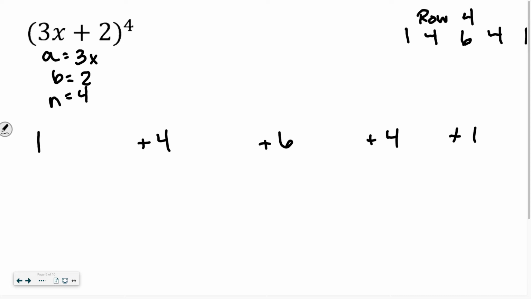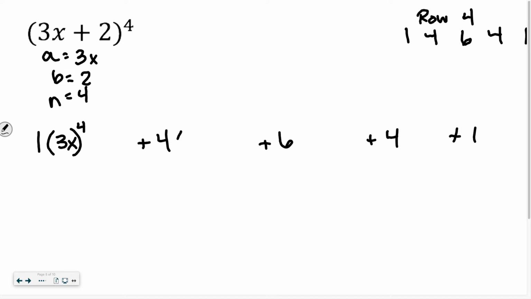Now your a usually starts with which exponent? The high one. The highest. So what's the highest exponent in this one? 4. So your a is 3x. You need to put that in parentheses and raise it to the 4th.